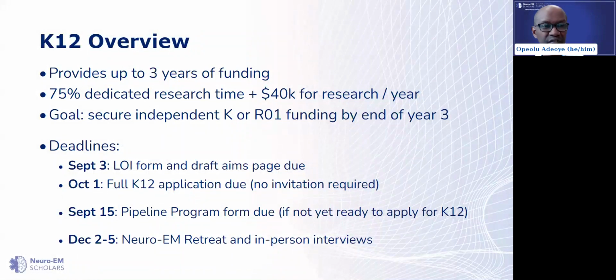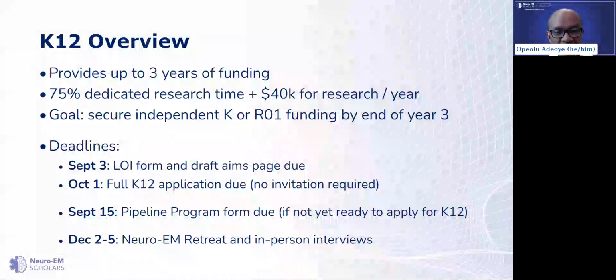So a brief overview of the K12, and Bob touched on some of this already, but it provides up to 3 years of funding. There's 75% dedicated research time required, and the awardees are provided $40,000 for research funding per year.